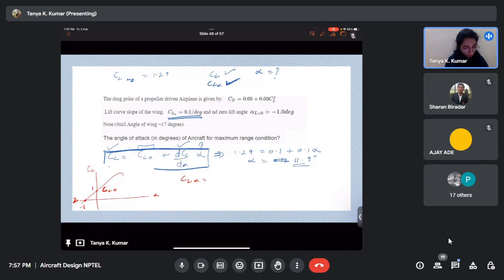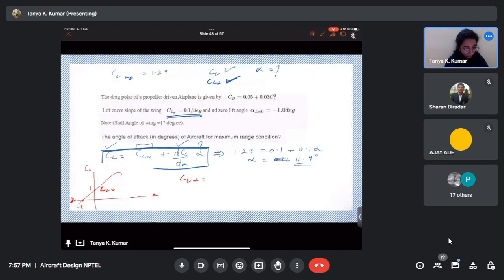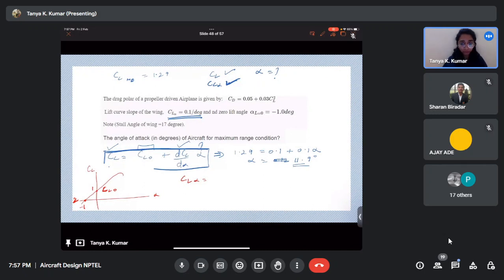Okay. So what would the values be? At location 2, what would the value of alpha be? It will be -1, right? -1 minus what is the value at point 1 alpha? 0.